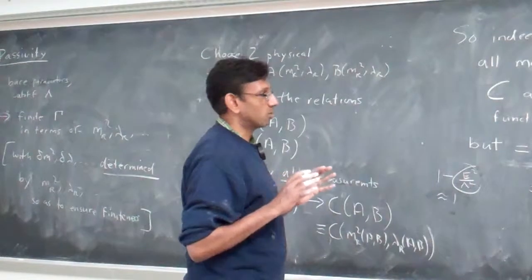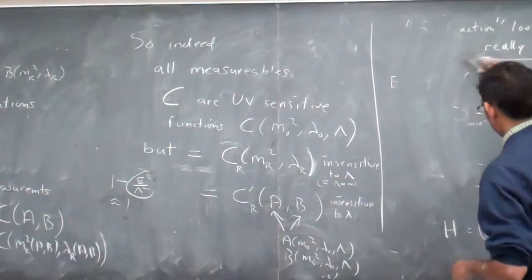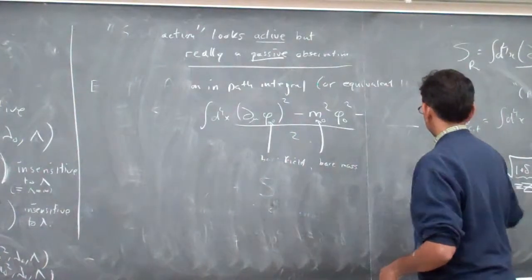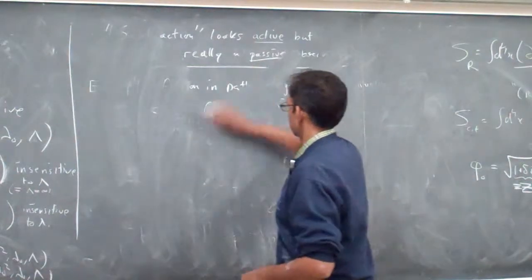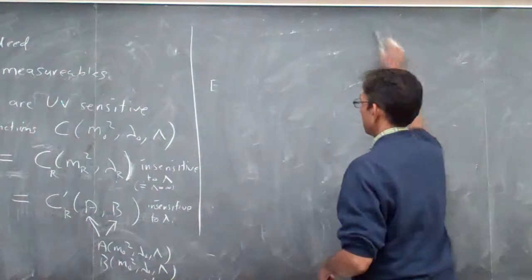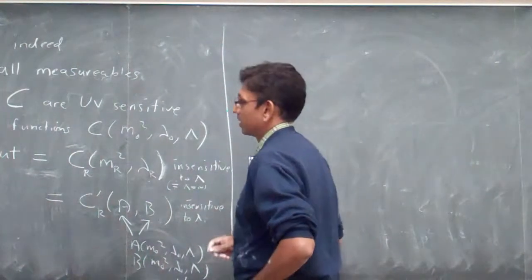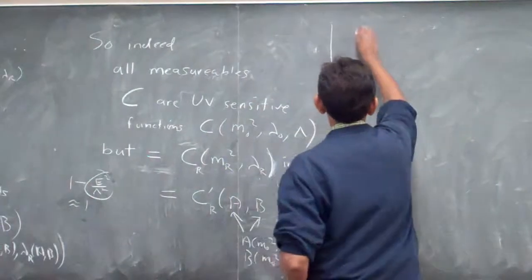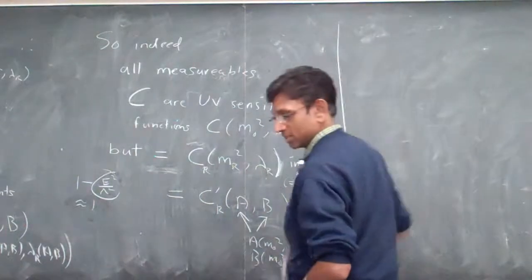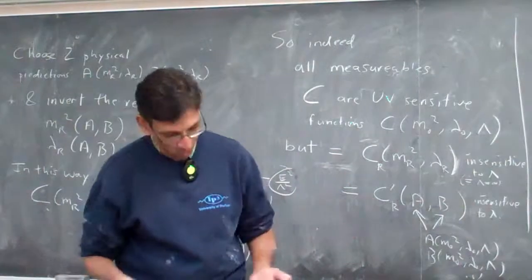There are some loopholes in what I said. They're very small loopholes, that's why I could just say it. But let me do the easy one, which is just something I said is true.